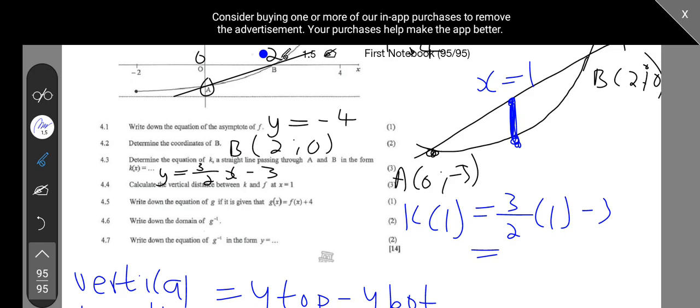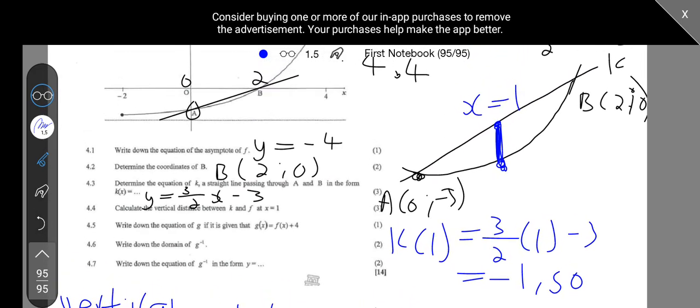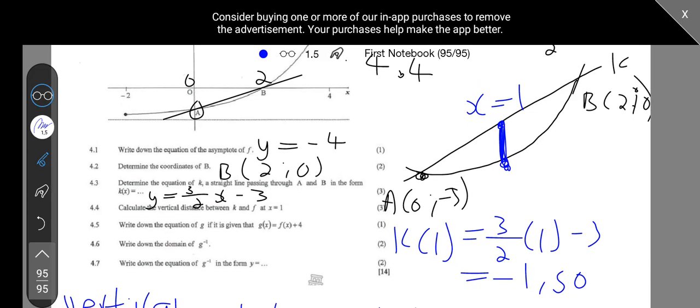Then the answer is minus 1,5. I'm just going to write that as a decimal, minus 1,50. Because it's a length, just write units... No, that's not a length, that's a coordinate, sorry. So it's minus 1,50.